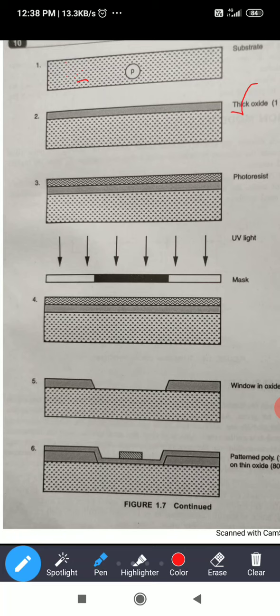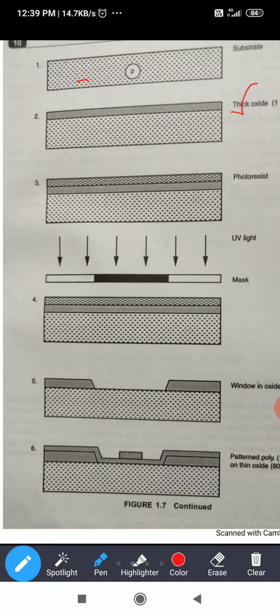We will see the use of photoresist later. In the third step, after photoresisting upon the silicon dioxide, the photoresist is applied using the spin coating technique. When we pour the photoresist on the silicon dioxide, we put the wafer in the spin coater device.